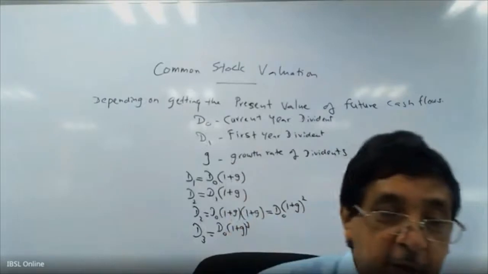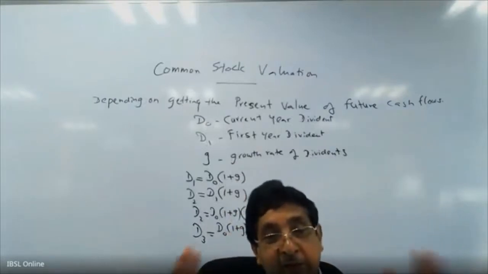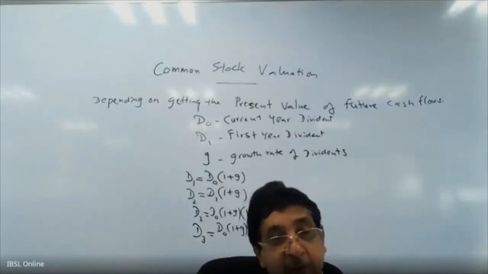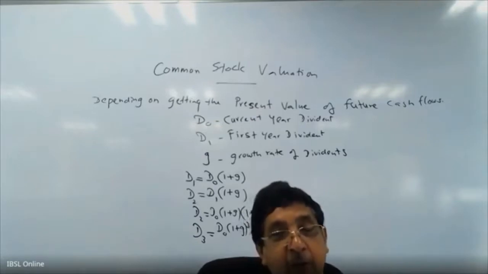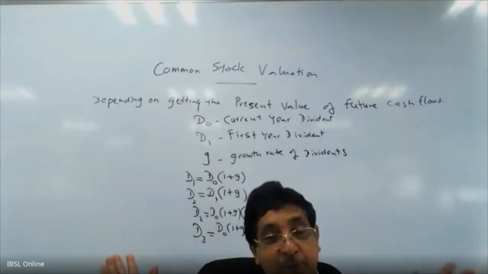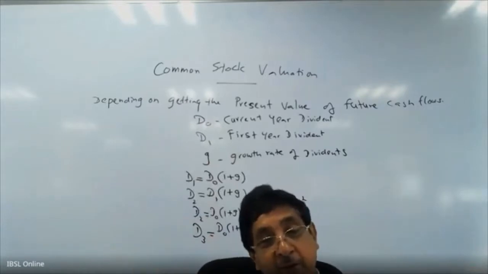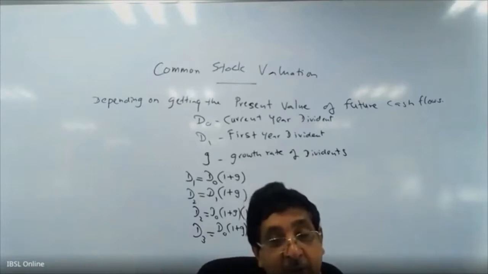Now, if you take the cash flows as D1, D2, D3, D4, up to Dn or D infinity, those are the cash flows. To get the present value of all these cash flows, you have to divide by 1 plus K, 1 plus K to the power 2, likewise.